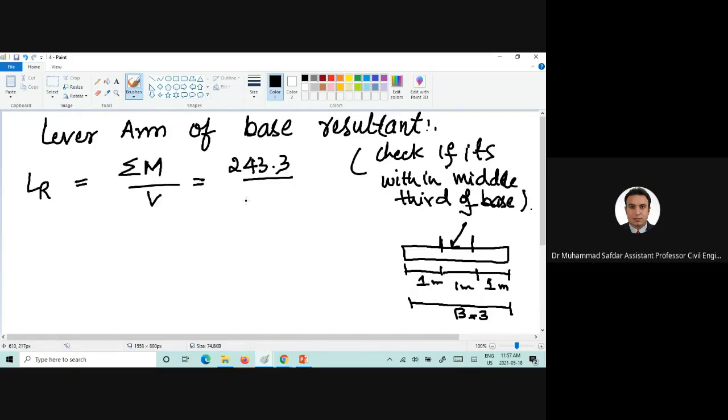The value of vertical forces was 212 point something 3. So we will come up with the value of 1.15 meter. And if you see here, it falls within the middle third of the base of the retaining wall. So that's okay.